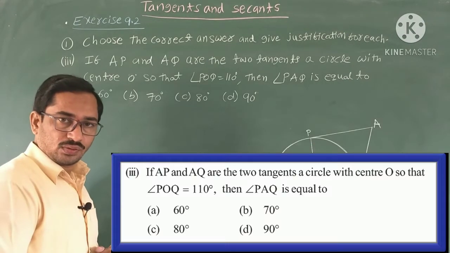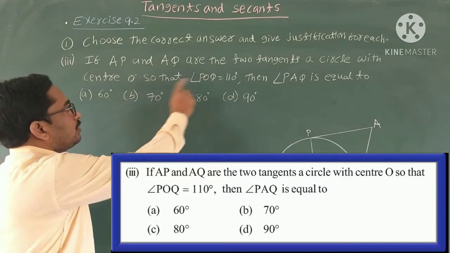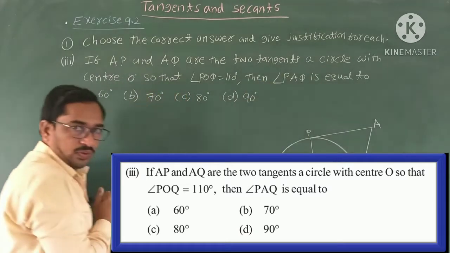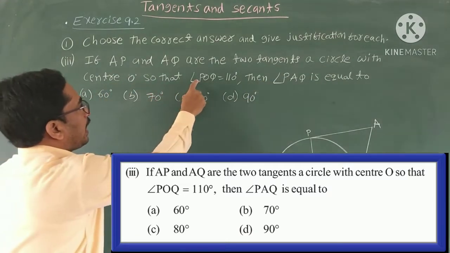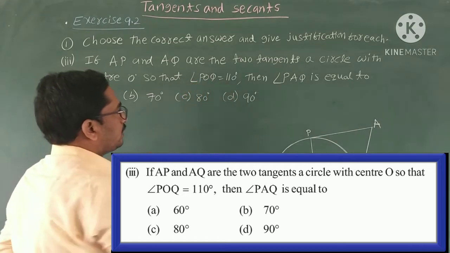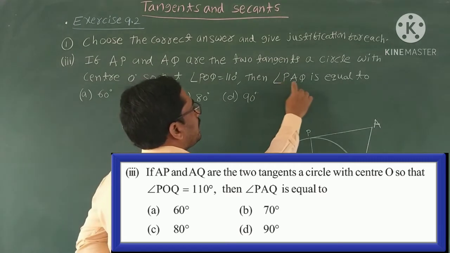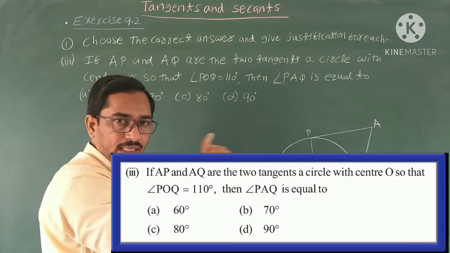Now, see the third question. If AP and AQ are the two tangents of a circle with center O, so that angle POQ equals 110 degrees, then angle PAQ is equal to... We have to find out the angle PAQ.